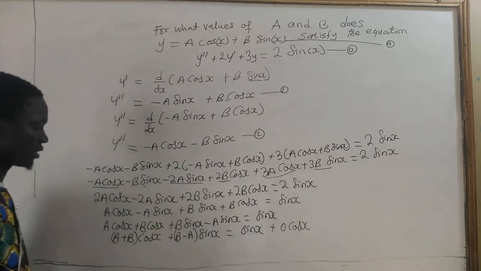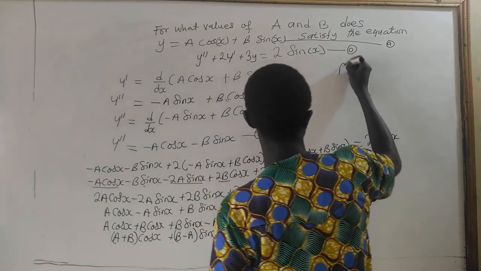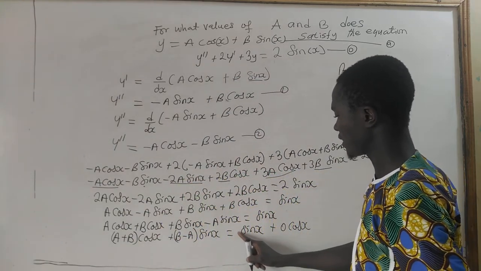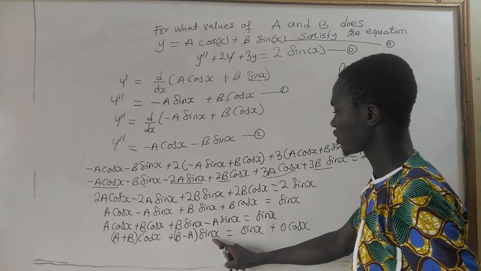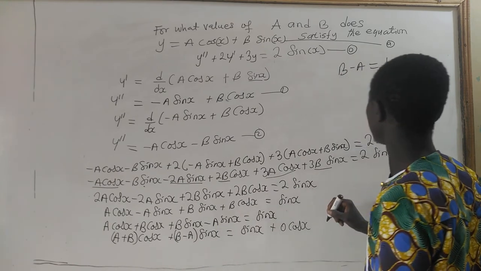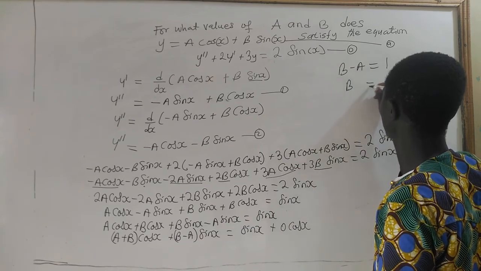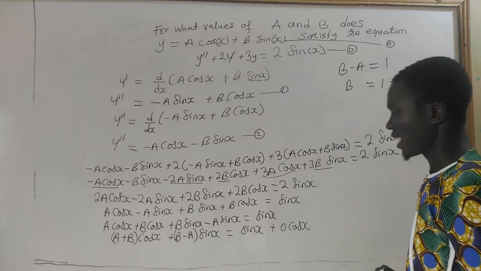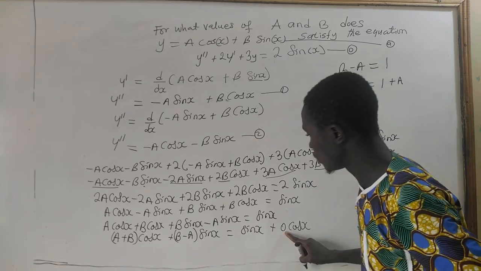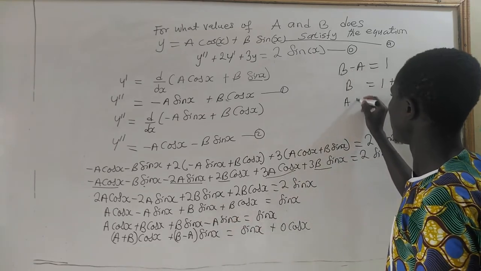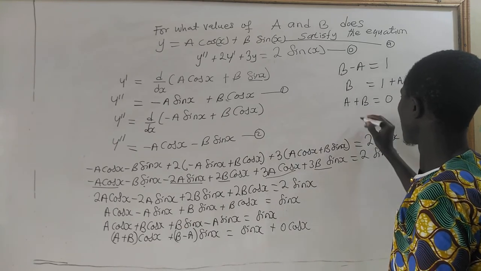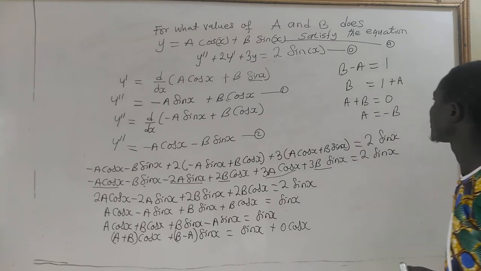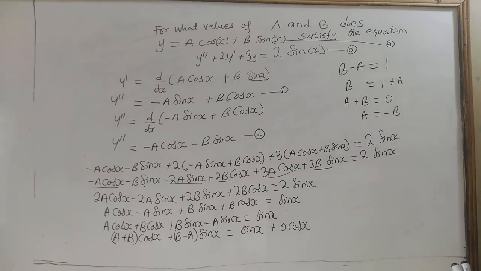So by comparing, we have B minus A equal to 1 because the coefficient of this sine of x is 1 and the coefficient of this sine of x is B minus A. And that you have B equal to 1 plus A. And here too, 0 will be equal to A plus B. And that we have A equal to negative B. Wow. This is very nice for us.